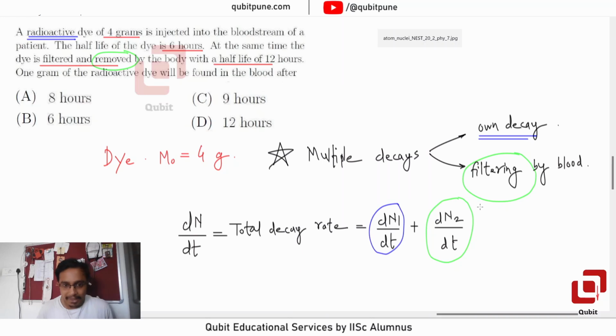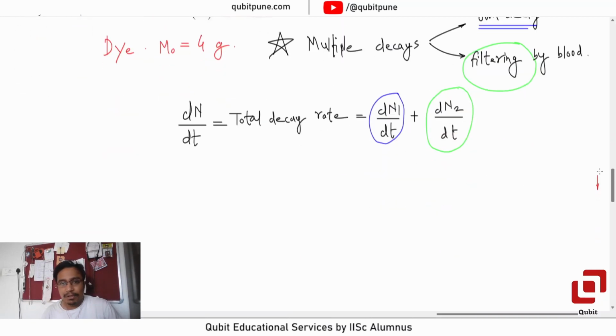Fine. So how will the evolution be? Look here. This is negative lambda 1 N, and this is negative lambda 2 N. Now don't take N1 N2. Okay, wait, we need to take that. Minus lambda 1 N1 plus negative lambda 2 N2. Right?